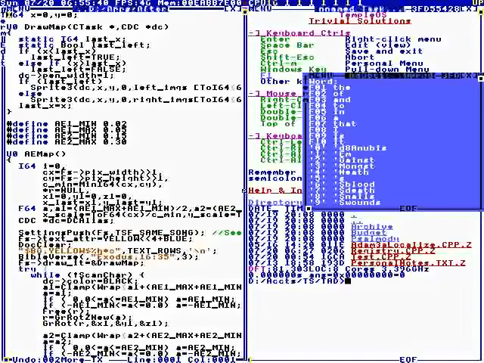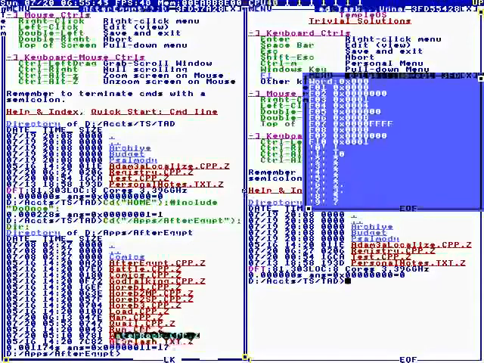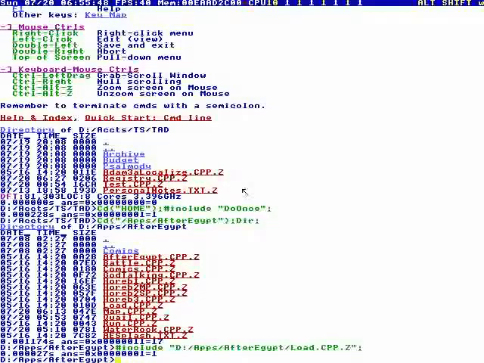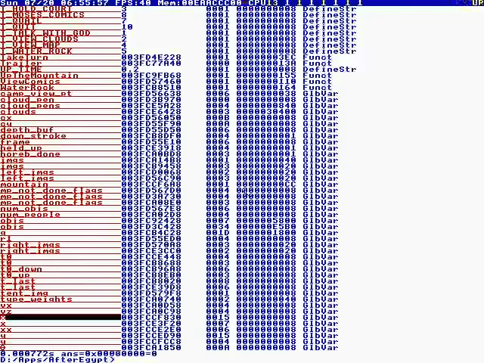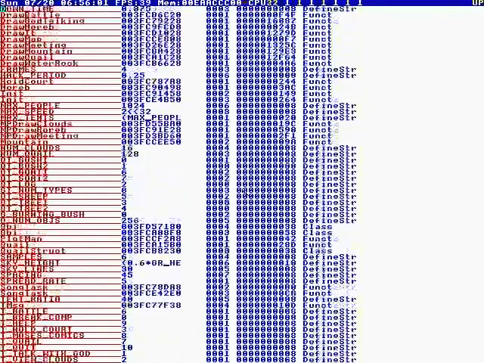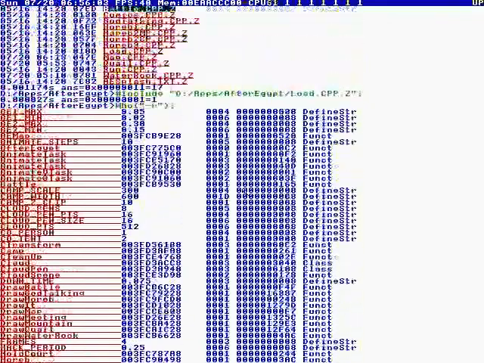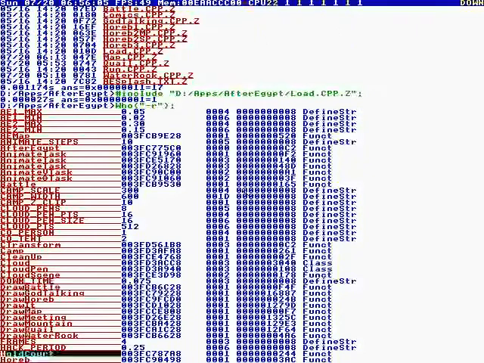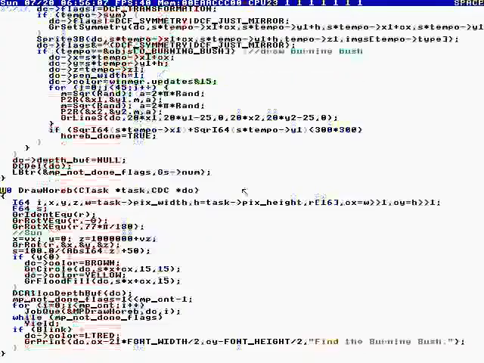So what else was I going to talk about? Watch this. Load. Now guess what? Now watch what happens if we do who minus R. These are all the symbols in after Egypt, and the file links work.